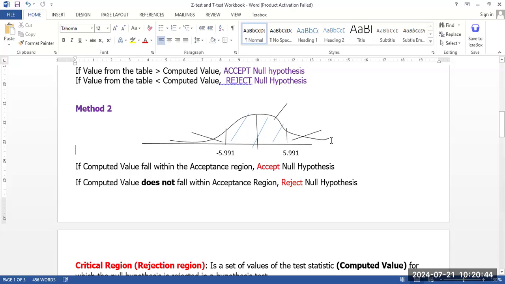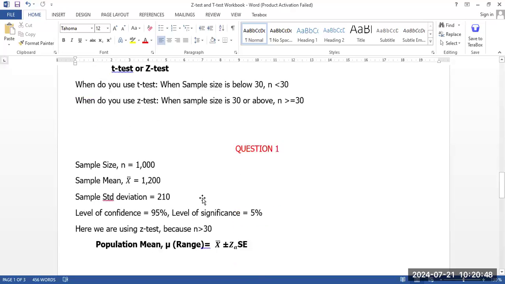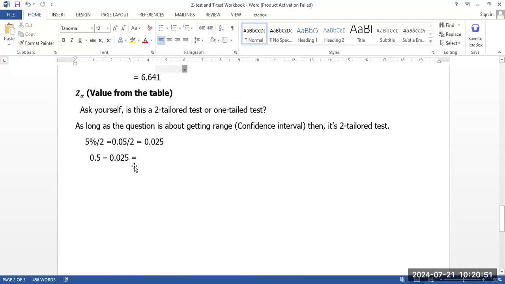We get the value by 0.5 minus 0.025. Are you now okay? And what do you get?